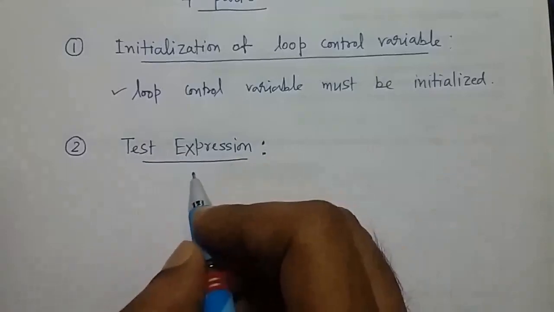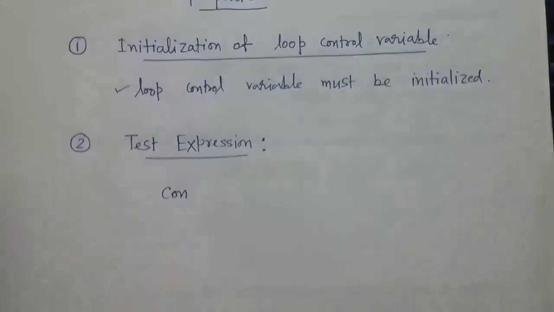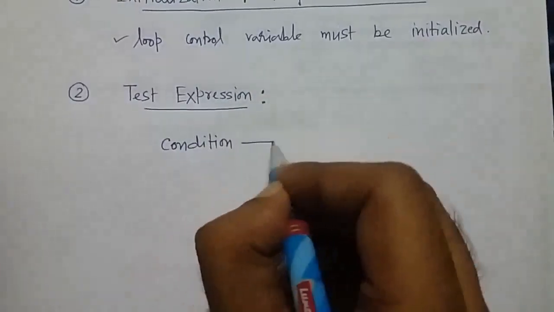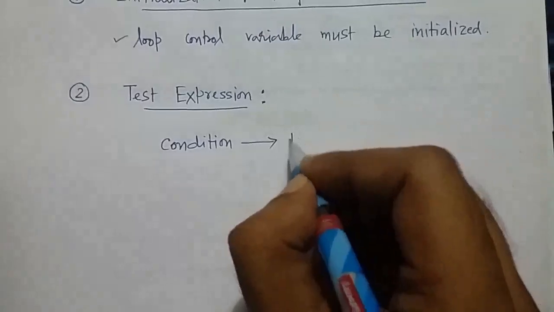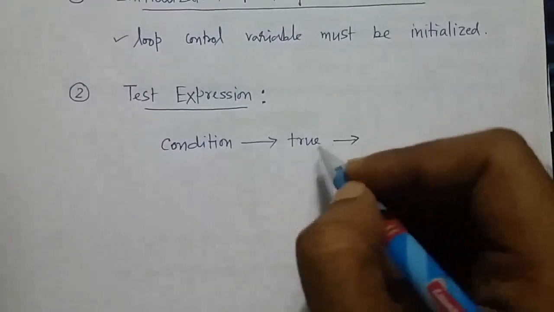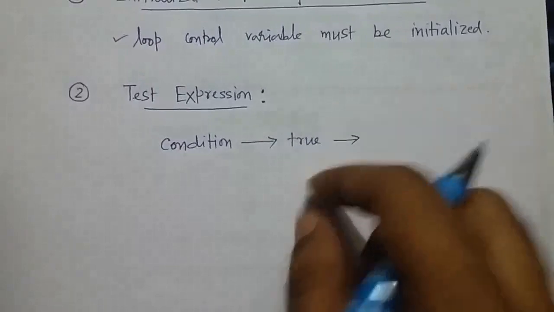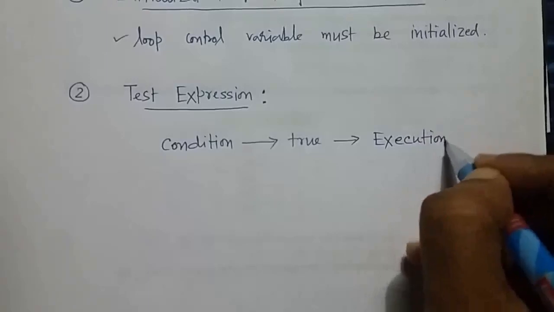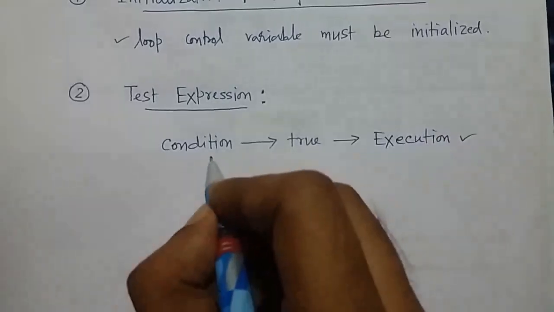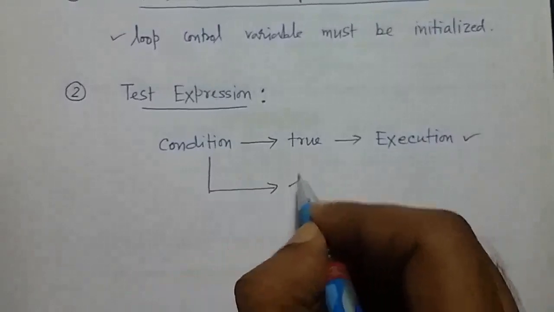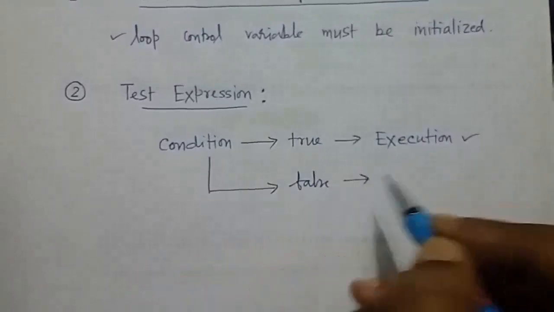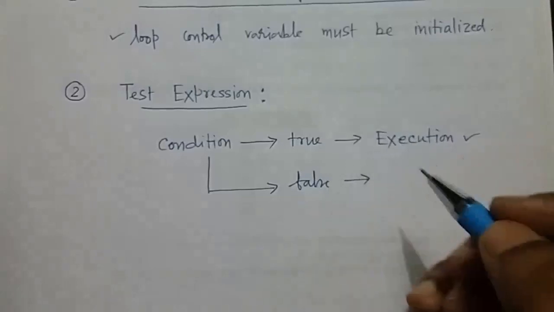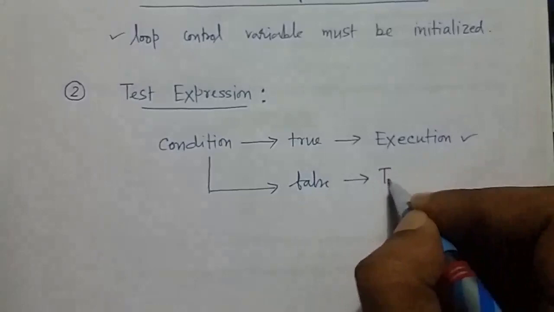So if this test expression or the condition evaluates to true, then the body of the loop will be executed. And if the condition evaluates to false, then the loop will be terminated. That means the body of the loop will not be executed anymore.